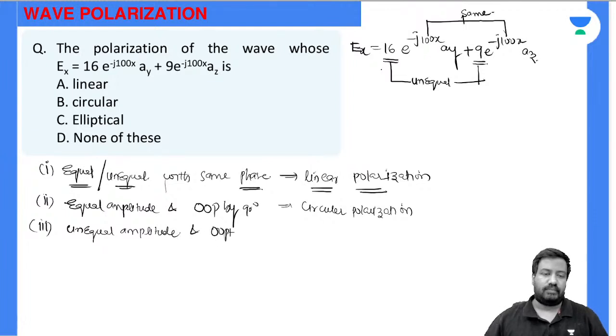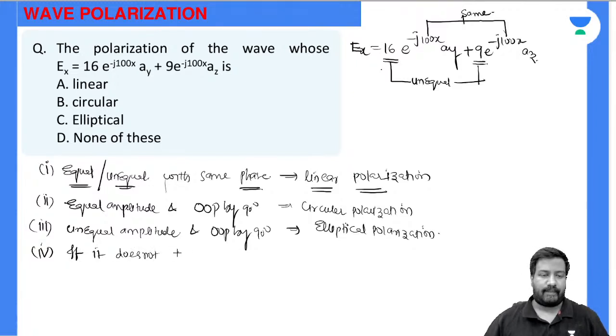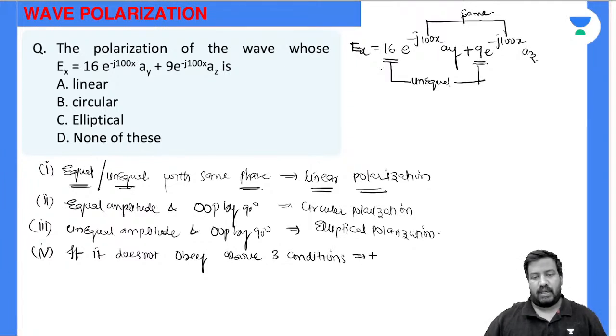Unequal amplitude out of phase by 90 is elliptical polarization. If it does not obey the above 3 conditions, the wave is said to be unpolarized. These 4 cases you must remember here.